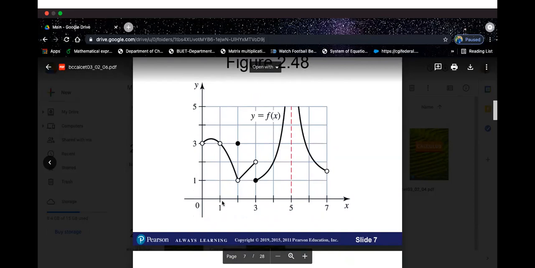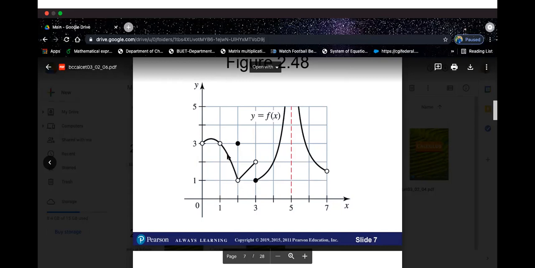So if we approach from the left towards 2, I can see the function is coming this way. What's the left-sided limit? Anyone? It's like 3. Sorry? It's approaching 1. Oh, yeah. So the left-sided limit is 1, right?